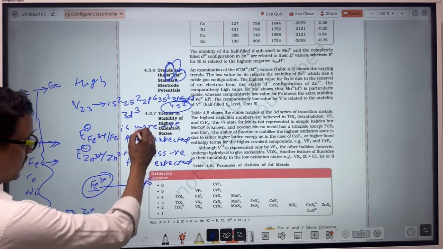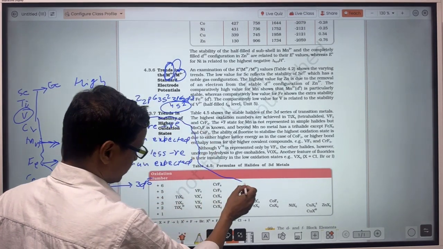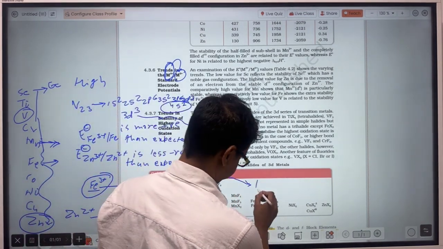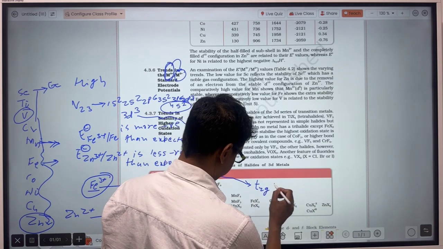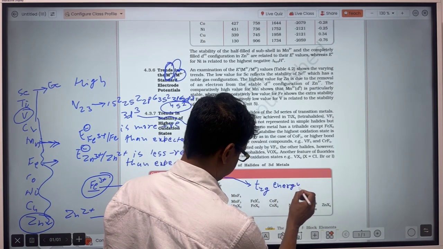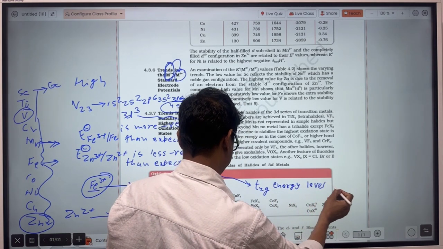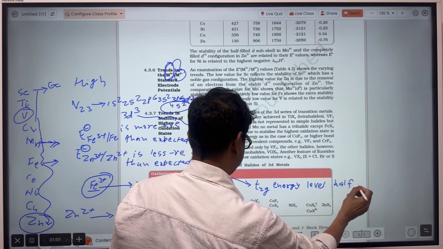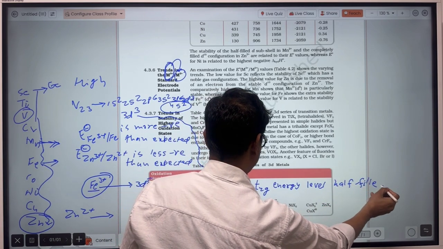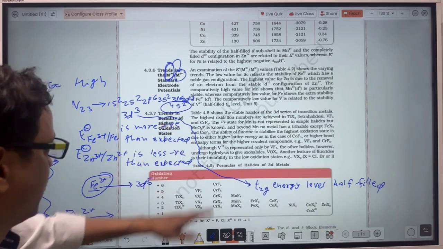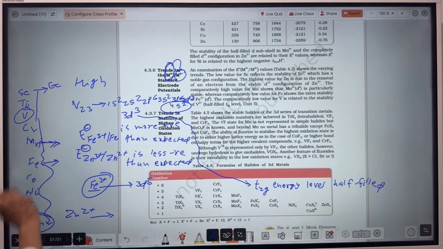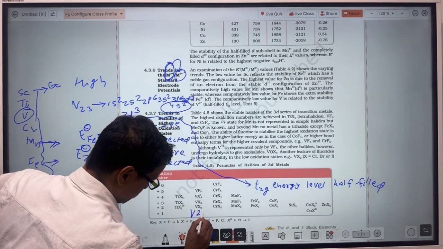That means the t2g energy level will be half-filled. So when the t2g energy level is half-filled, vanadium is more stable in the +2 oxidation state.